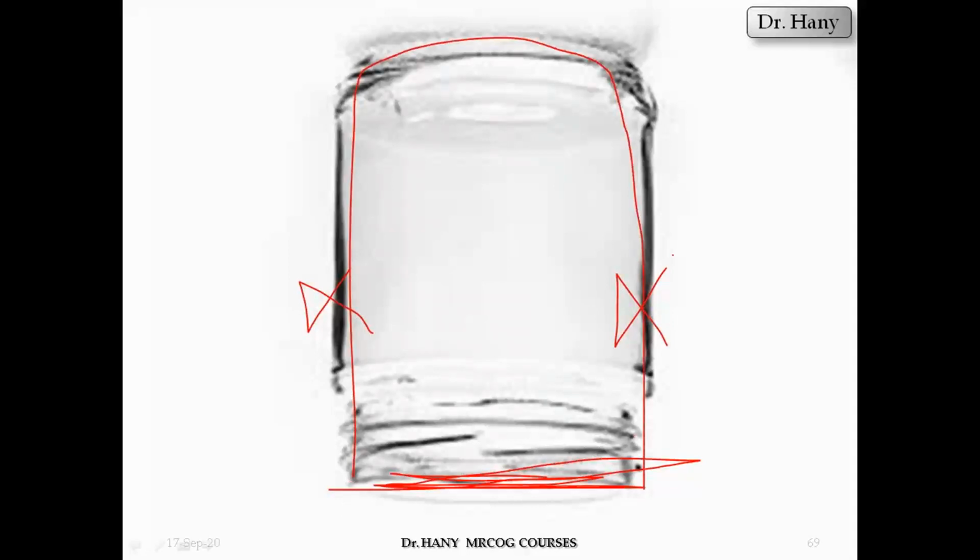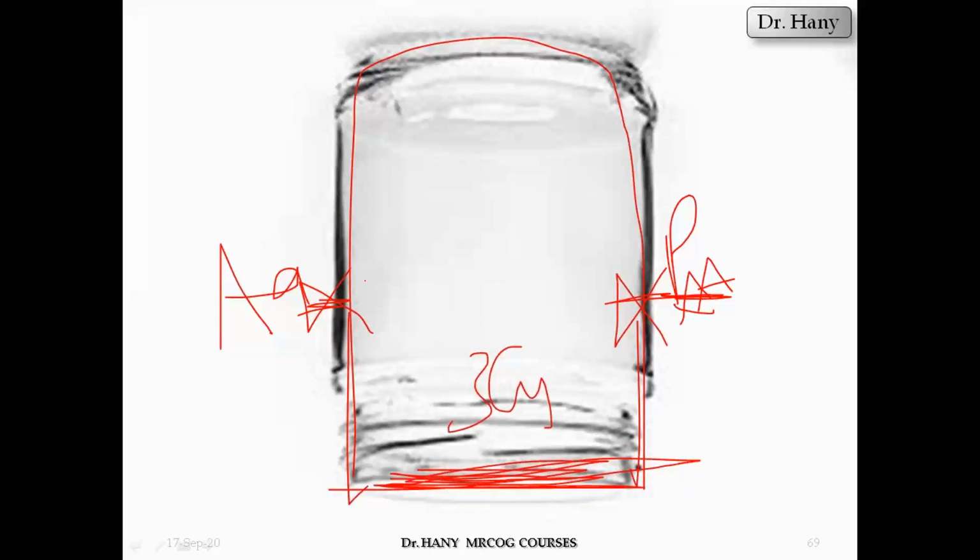So A anteriorly and A posteriorly. Point A in the anterior wall and point A in the posterior wall are both 3 centimeters from the hymen. The remaining part is point B in the anterior wall and point B in the posterior wall.